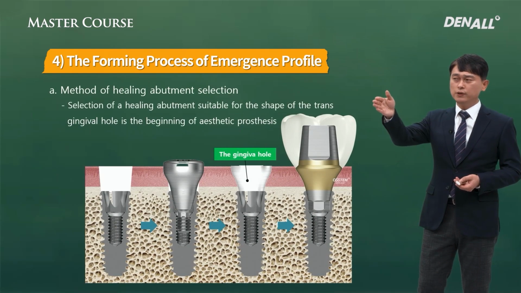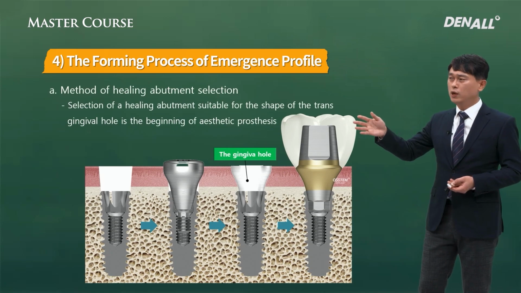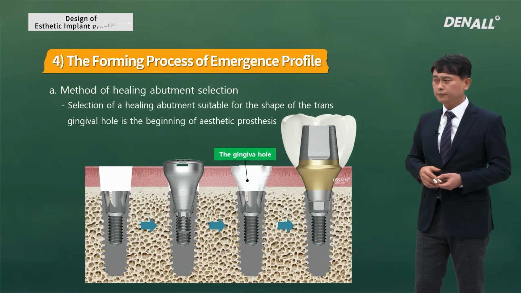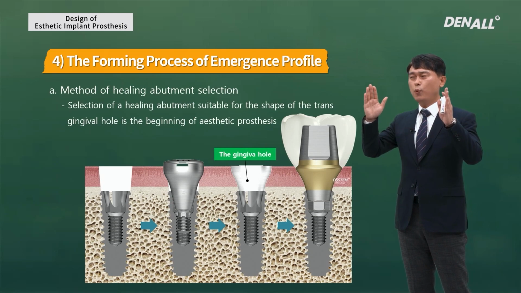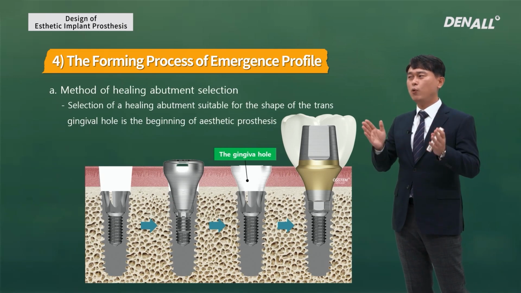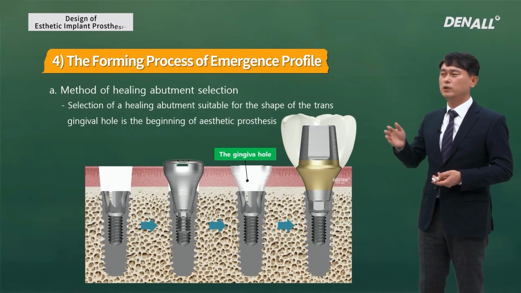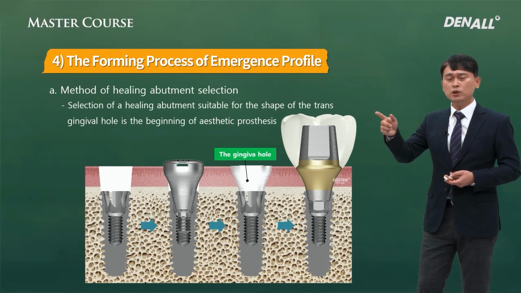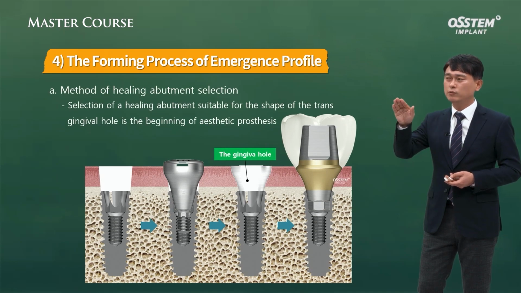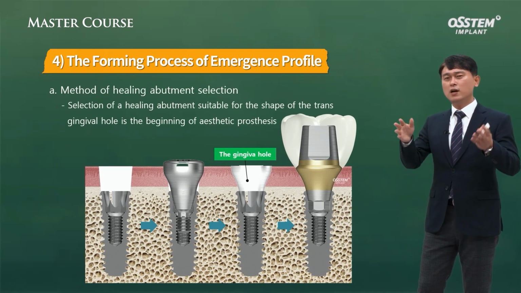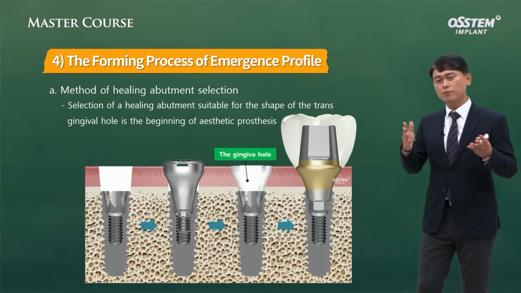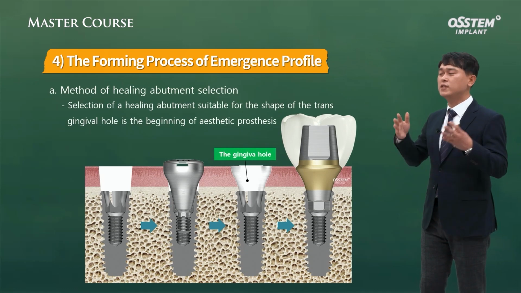So once an implant is placed, a healing abutment with appropriate width needs to be connected. If gingiva is formed fitting the healing abutment, the stock abutment and the healing abutments can be mounted right into the hole. The advantage of using stock abutment, for example, if you use the healing abutment from Ostom, the curvature is the same as the stock abutment.